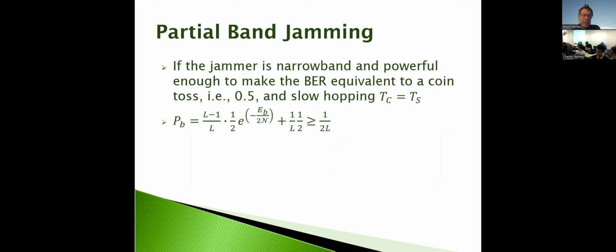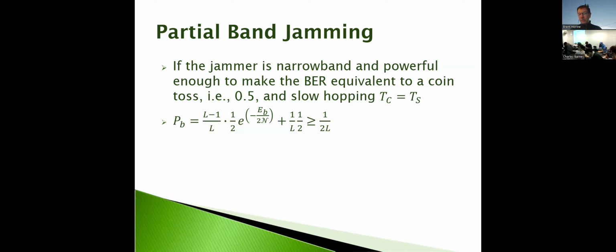It's so powerful that we're going to assume it is able to destroy the signal to the point where our bit error rate is 0.5. It's essentially equivalent to a coin toss. Once you've done that, you'll have no idea whether a 0 or a 1 was transmitted. They're equally probable. That would be great for the jammer and bad for the entity trying to communicate.